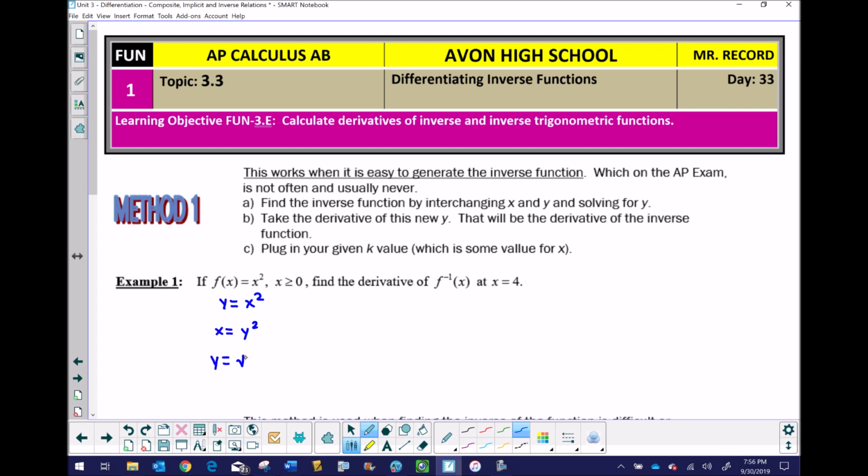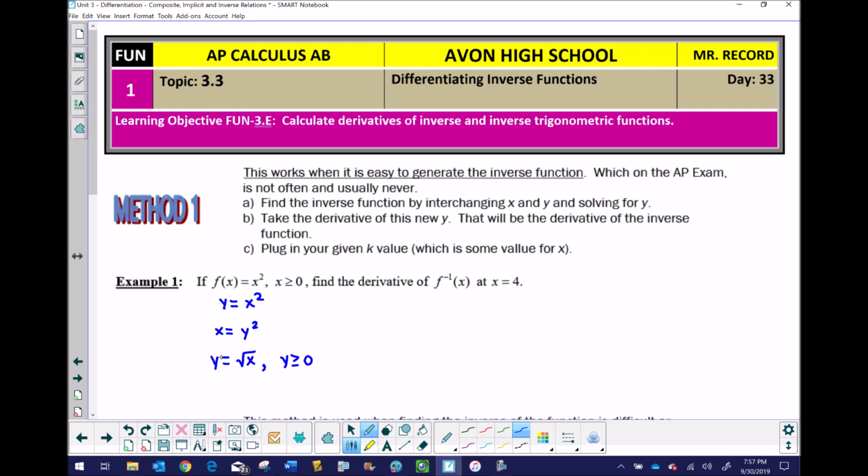Now, normally, algebra dictates that we have to put a plus or minus symbol right here. After all, we've just taken the square root of both sides of an equation. But because the domain restriction of the original function says that x must be greater than or equal to 0, that carries over to the y in the inverse having that same attribute.